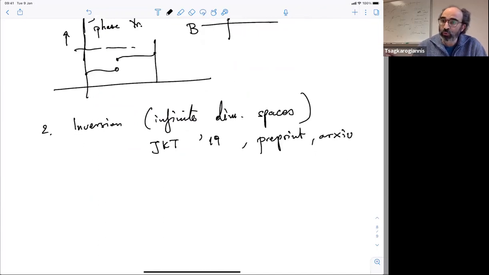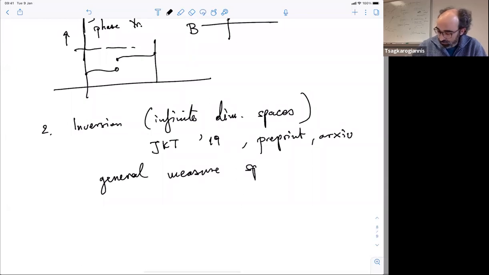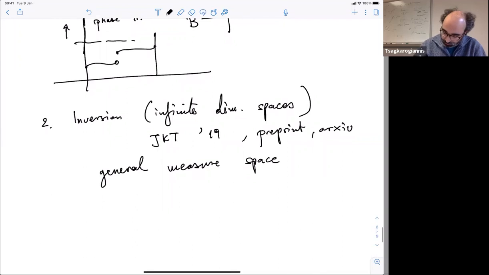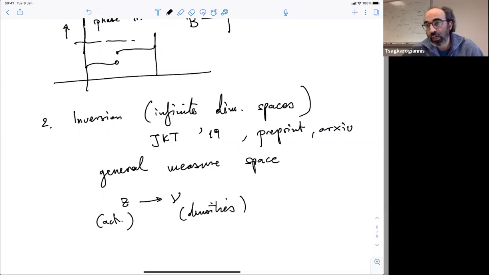You can do it in a general measure space, where you have your measures, which are the activities, and you can have a map into the measures which correspond. So these are the activities, these are the densities, and you can invert in exactly the same way I did for the homogeneous case.